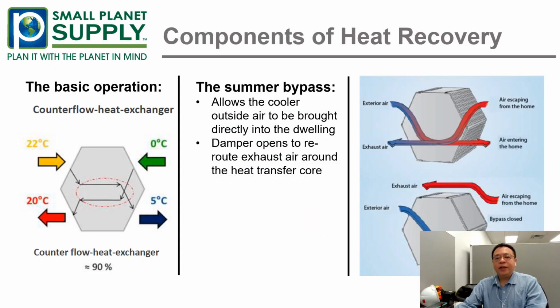The basic operation is shown at the left. Cold fresh air and the warm interior air enter the coil, and inside the coil the heat exchange takes place. As a result, the tempered air will return to the room, and the exhaust air will be expelled to the atmosphere.